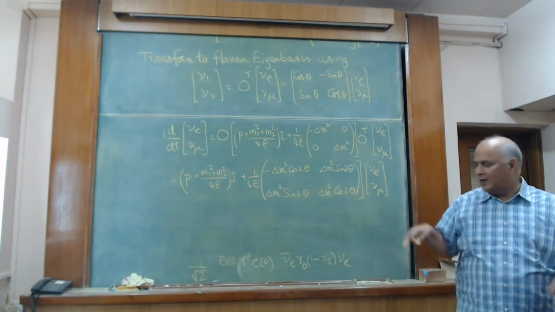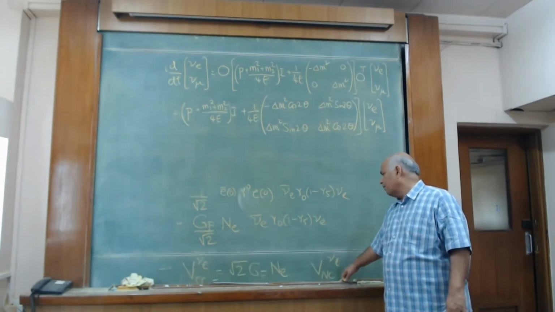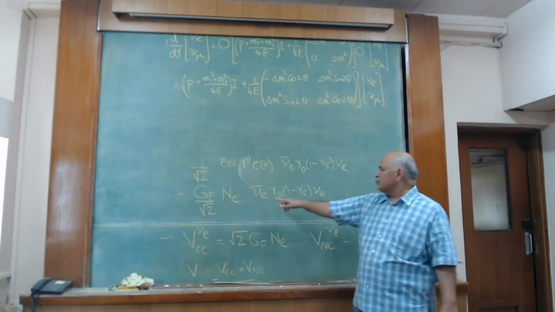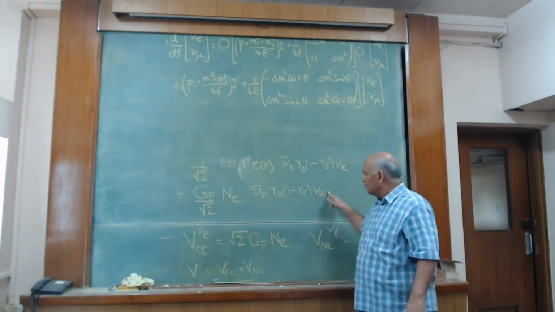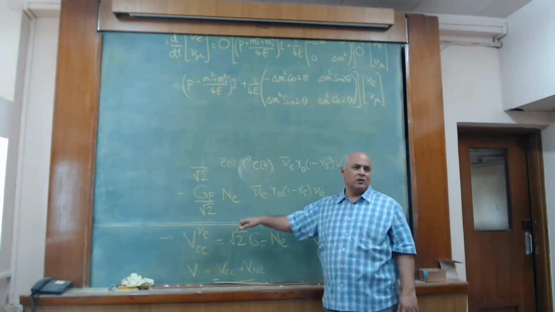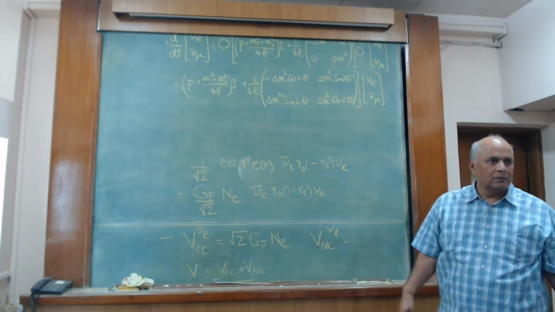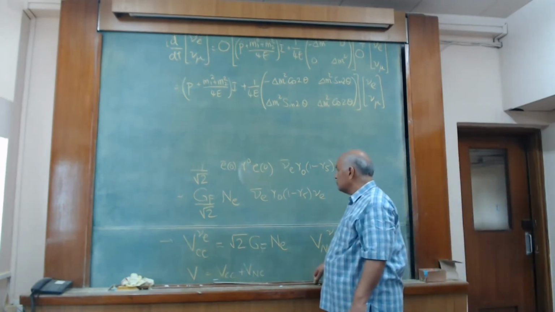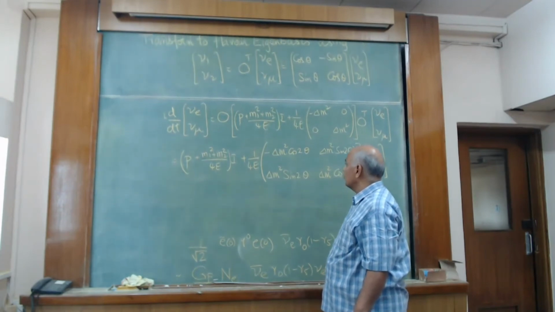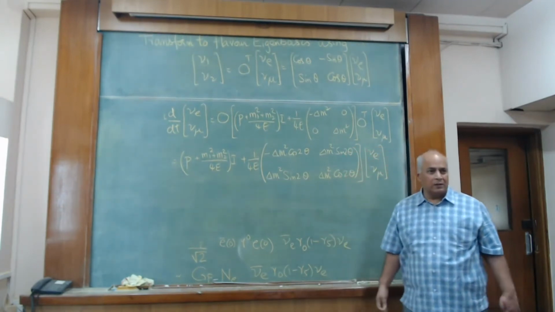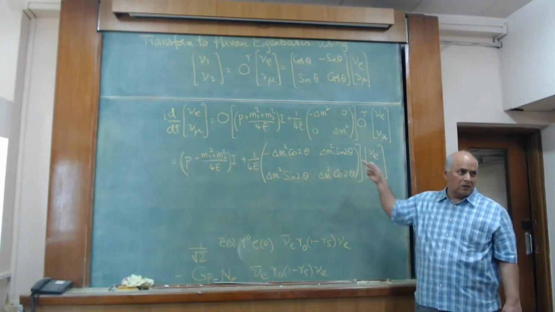And if you look at the expression for this potential for nu E, initial state is nu E, final state is nu E. So which means nu E is remaining nu E. So these matter potentials appear as diagonal matrix elements in this equation.